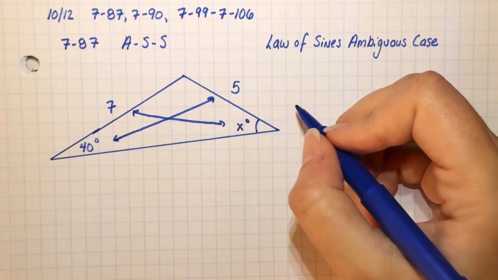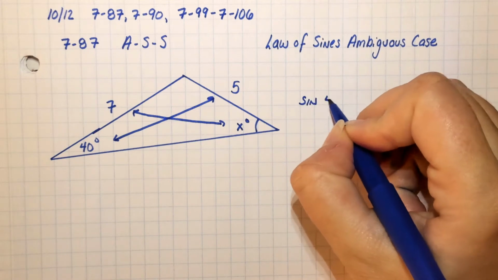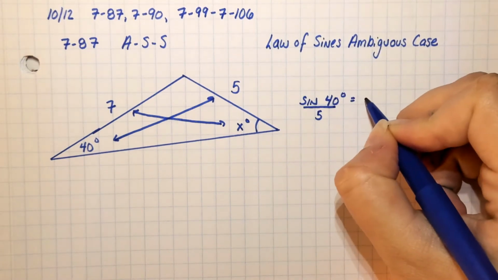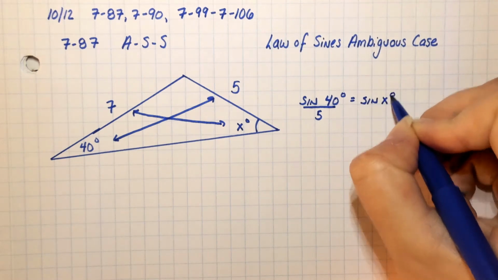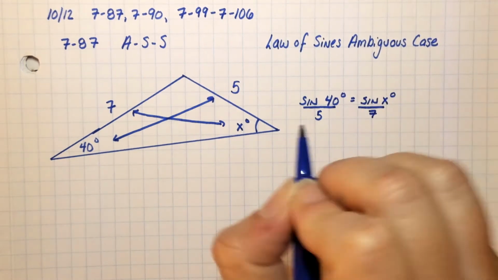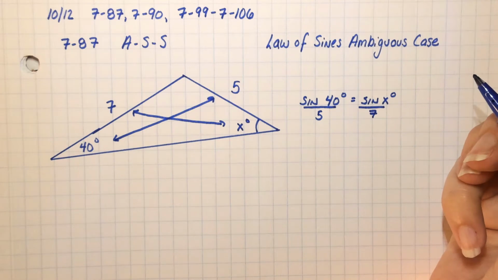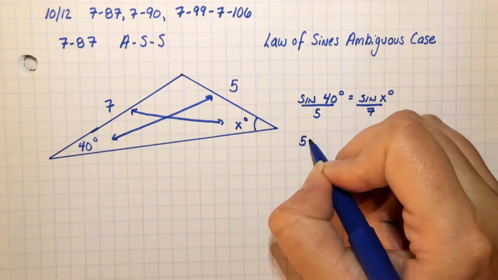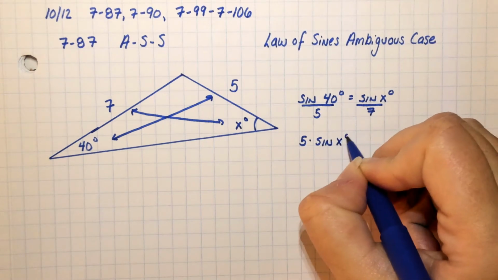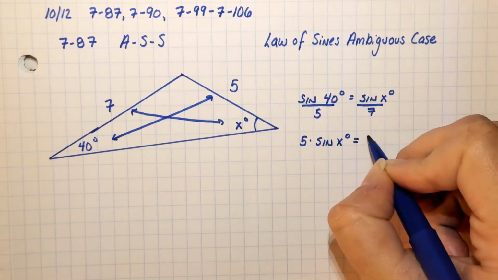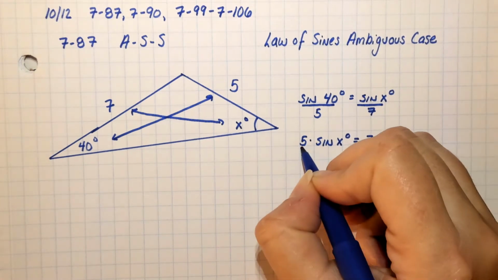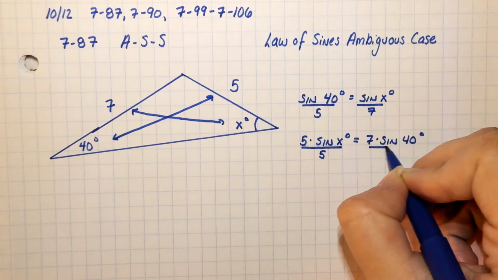And I have sine of 40 degrees over 5 equals sine of x degrees over 7. And then I'm going to cross multiply, so I have 5 times sine of x degrees equals 7 times sine of 40 degrees. Divide by 5.